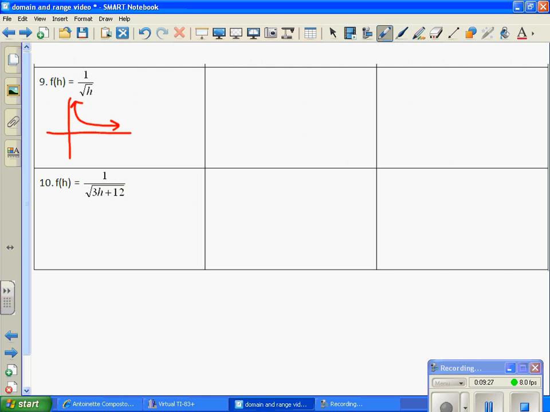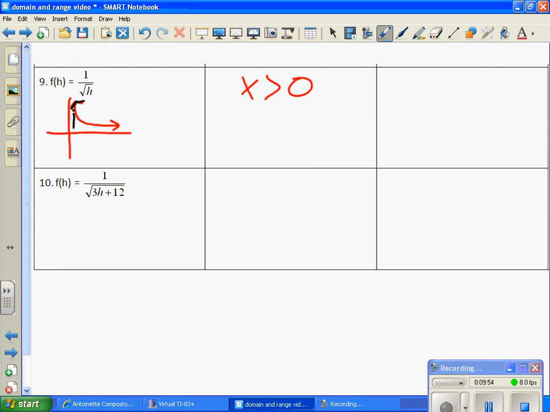If I look at it, my leftmost point is an arrow, but it's going straight up. My rightmost point is also an arrow, and it's going all the way down to the infinity, x values. But I'm never touching 0. So everything greater than 0 works. It gets close to the y-axis, but it never touches it.